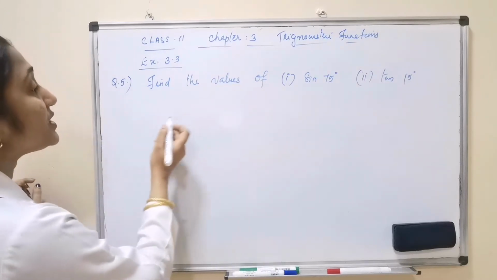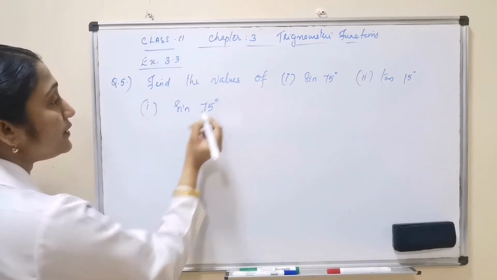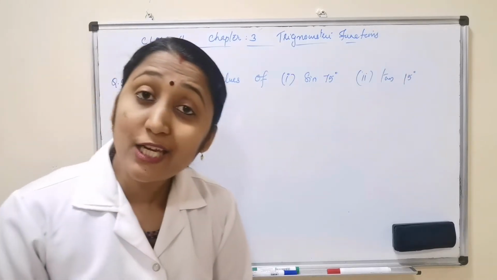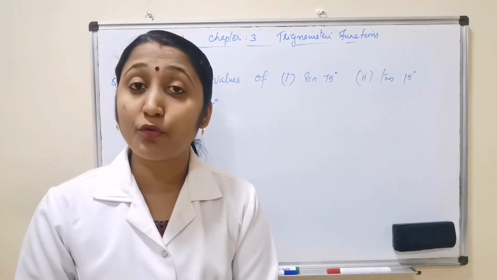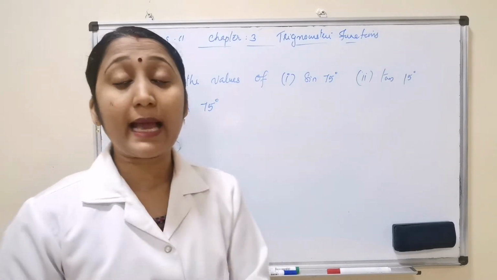The first one is sine of 75 degrees. Sine of 75 degrees means we have to split this angle.